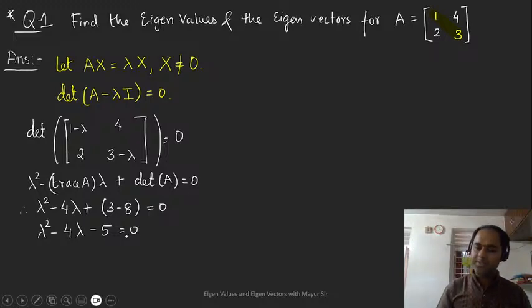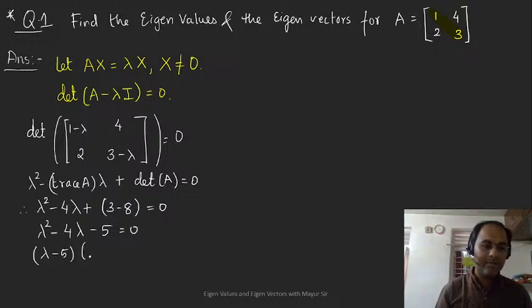You can solve this quadratic equation in your calculator, or if you know the solving technique, you can do it. So here you get lambda minus 5 and lambda plus 1 as the factors. So lambda equal to 5 and lambda equal to minus 1.